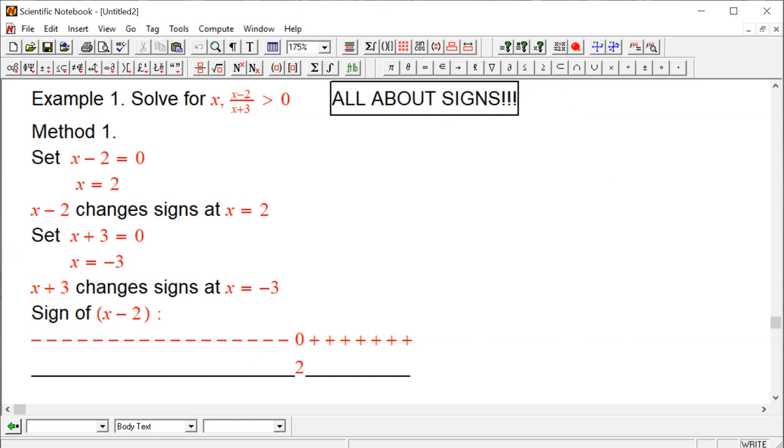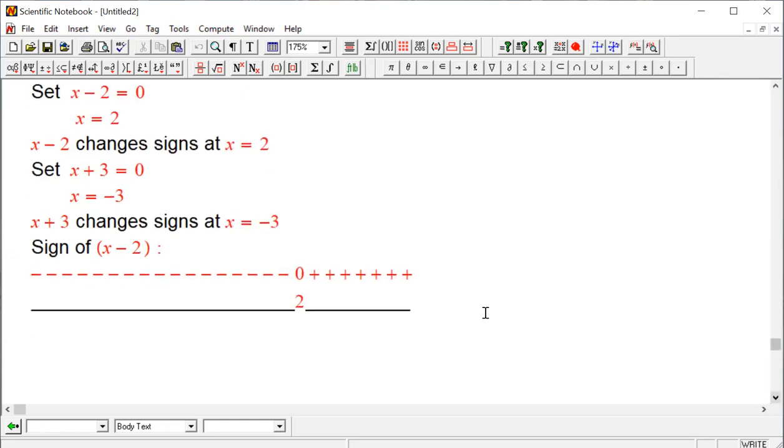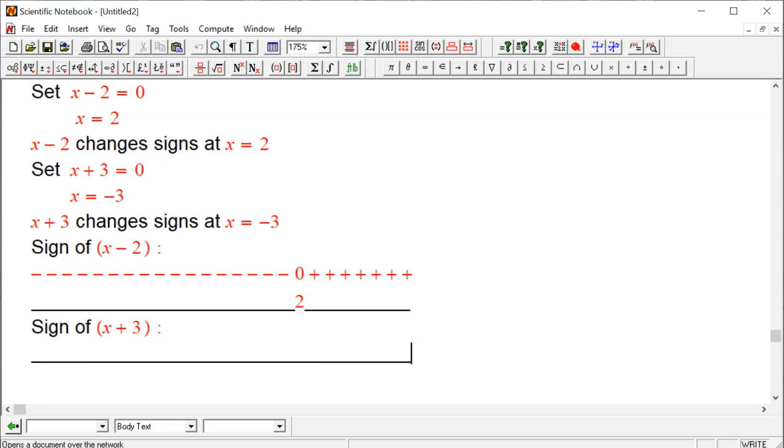Okay. So with that understanding, once we know where x plus 3 changes sign, we can do the sign thing, right? So the sign of x plus 3. At this point, everything seems very similar to what we did with quadratics.